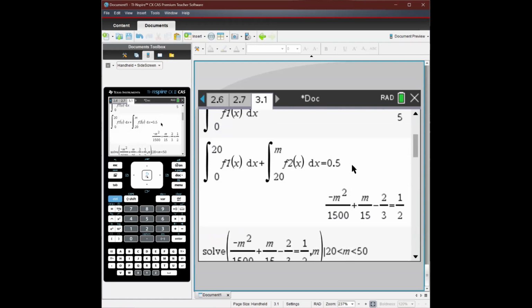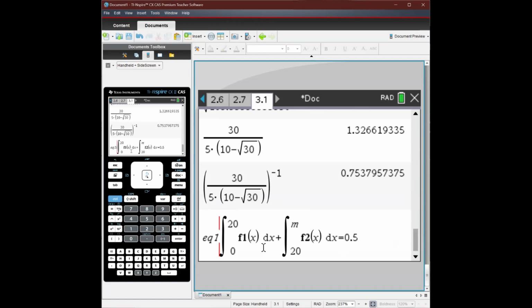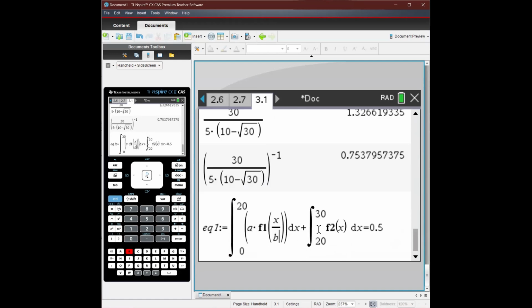So what you can do is, one equation, you could say this is equation 1. If you want the median to be 30, well, just put a 30 here. And you put a times f1 of x over b here, and a times f2 of x over b here.